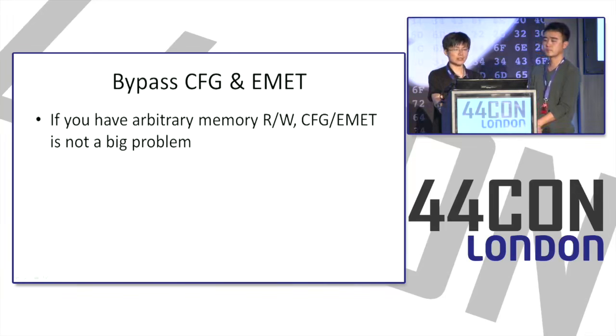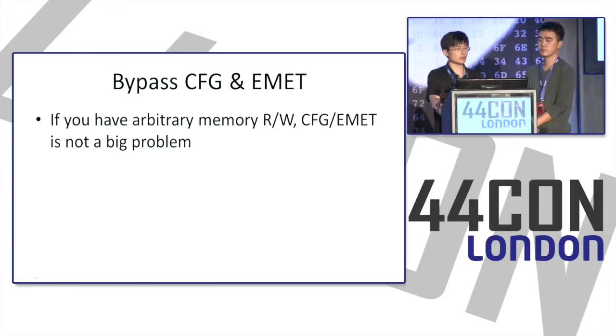So the next thing we want to do is to set up our shellcode, bypass the control flow guard and the EMET, and execute our shellcode. If you have arbitrary memory read-write, this is not a big problem.